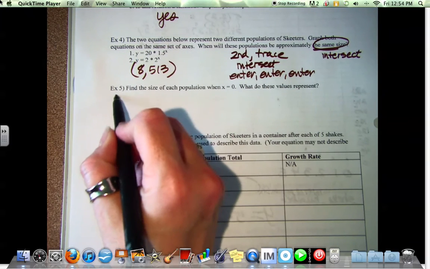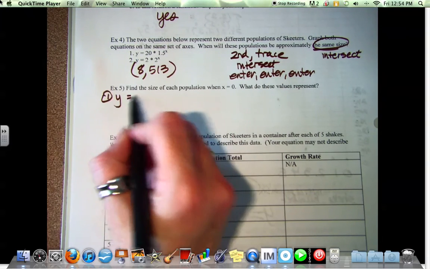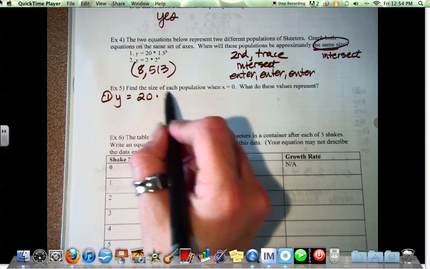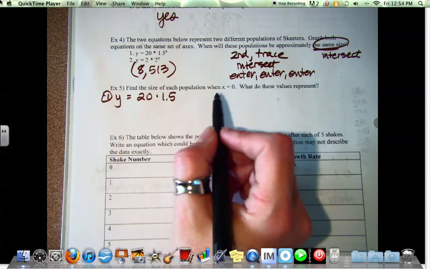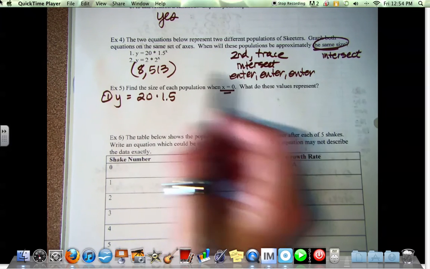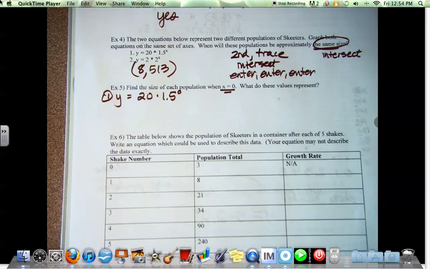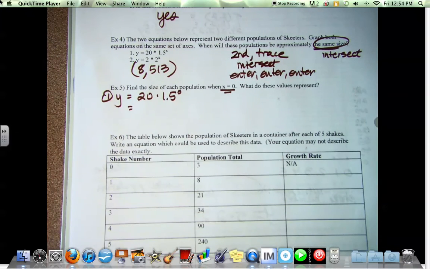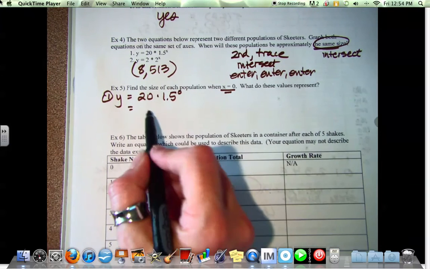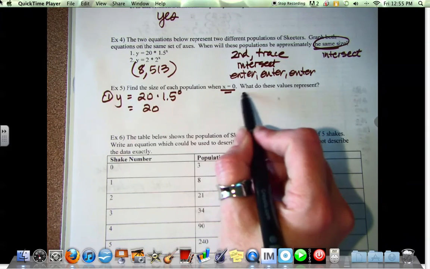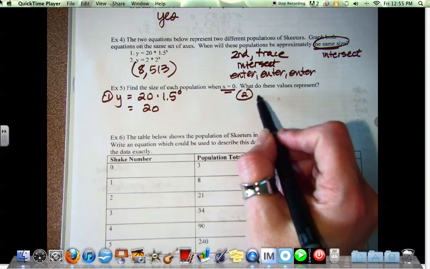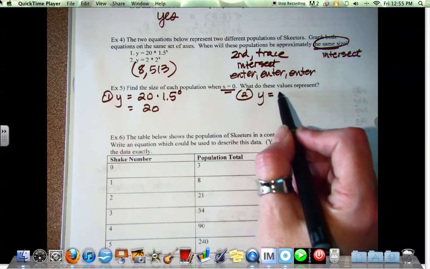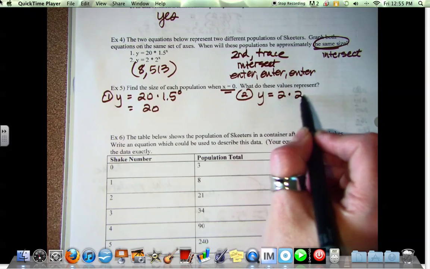So we have, for the first one, y equals 20 times 1.5 to the x. And it says when x equals 0. So that means we're going to substitute 0 in for the x. What's 1.5 to the 0 power? 1. 1 times 20? 20. Second equation, y equals 2 times 2 to the 0.